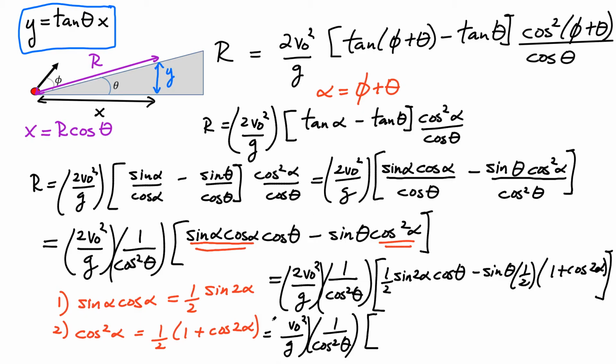So let's get rid of that 2. All right, so here you're simply left with sine of 2 alpha cos of theta. What else? You have minus sine of theta. Let me just write this other one, cos of 2 alpha. And then at the end, you're still left with minus sine of theta.